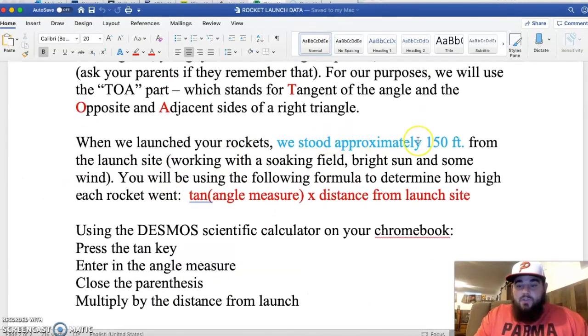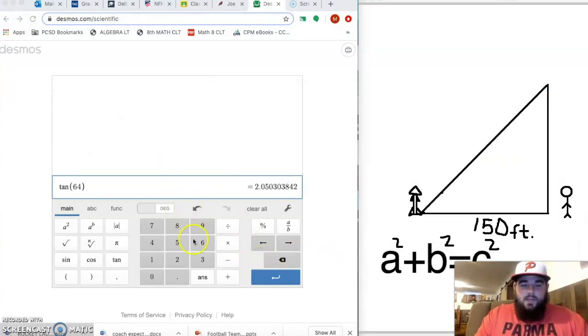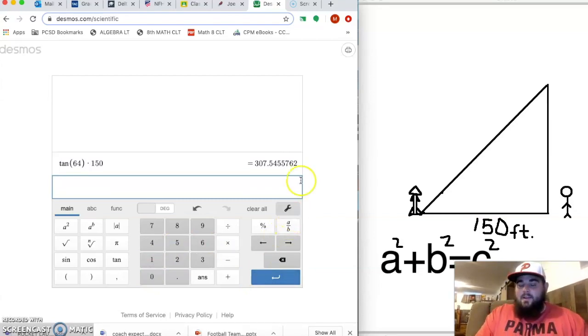We said we stood approximately 150 feet away. So once you get that, you're going to multiply this by 150. So I get 307.5455762. We're going to round to the nearest tenth.